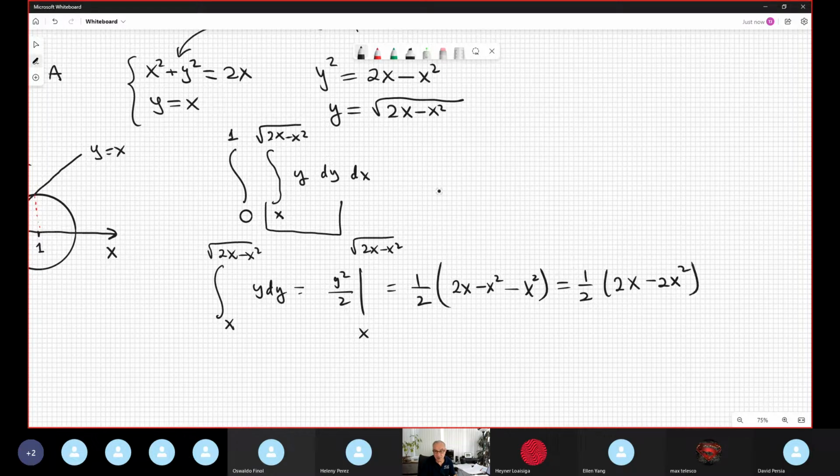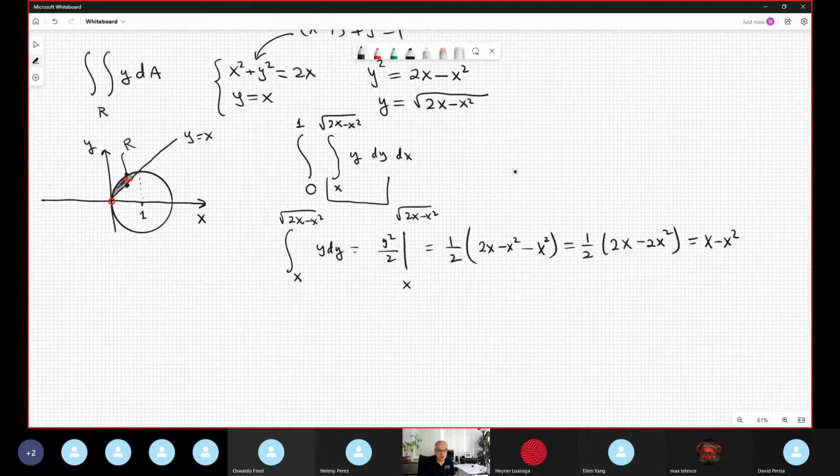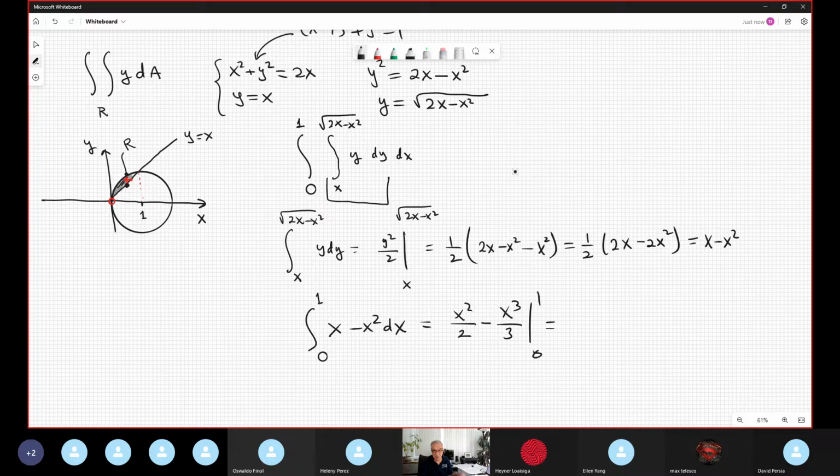Why not divided by 2? The answer is x minus x squared. Okay, and so I put this function inside the second integral. Okay, it is x minus x squared dx. Super easy, super easy. Antiderivative is x squared over 2 minus x cubed over 3. Evaluating between 0 and 1. And 0 is always 0, not always, but in this case. And the other is 1/2 minus 1/3. Okay, 1/6. Okay, and this is the volume for this.